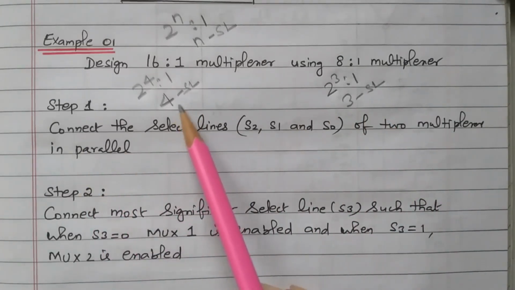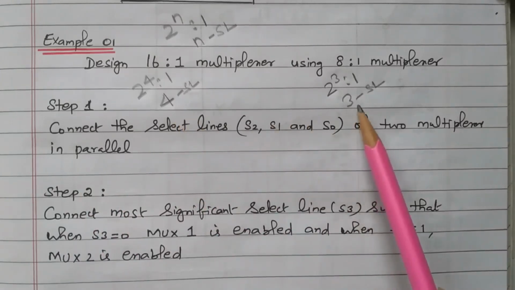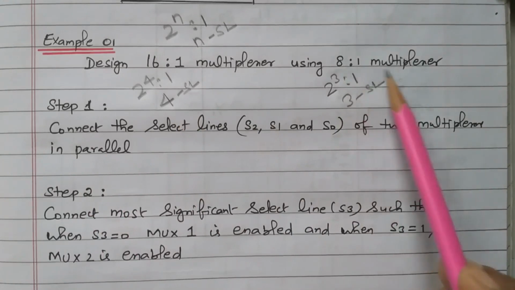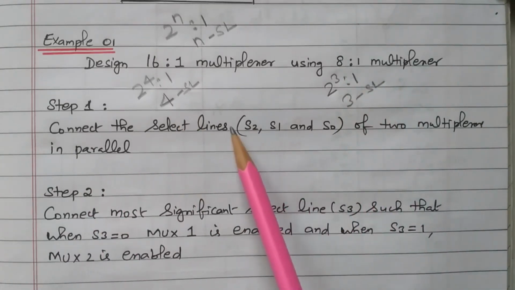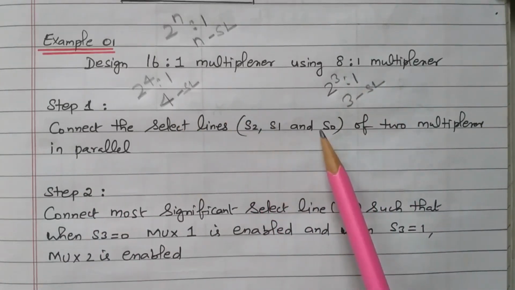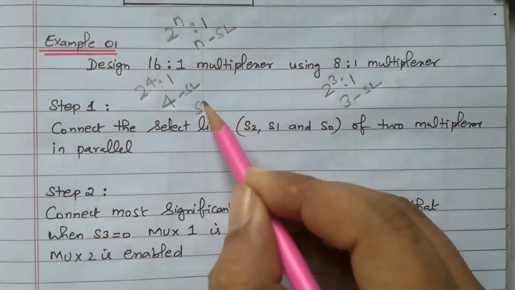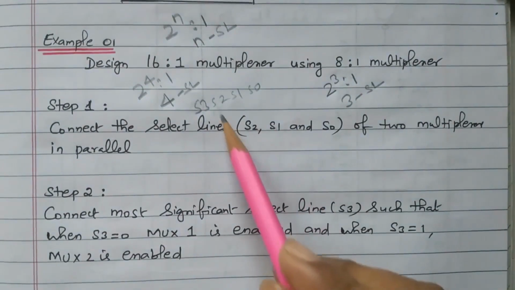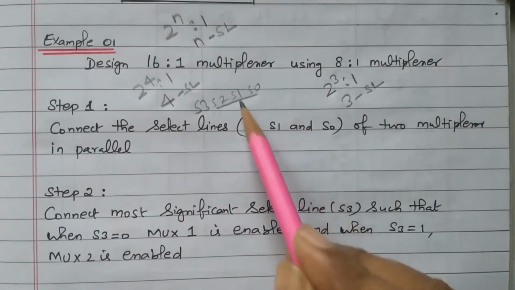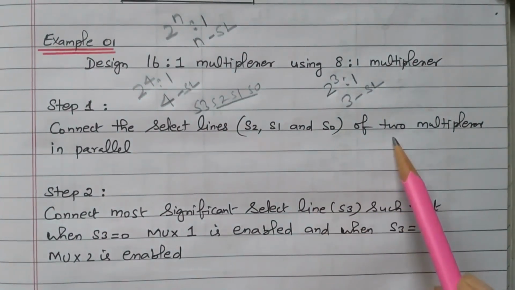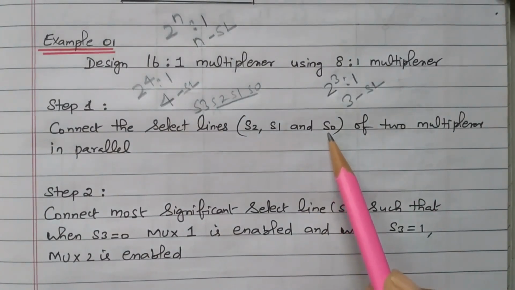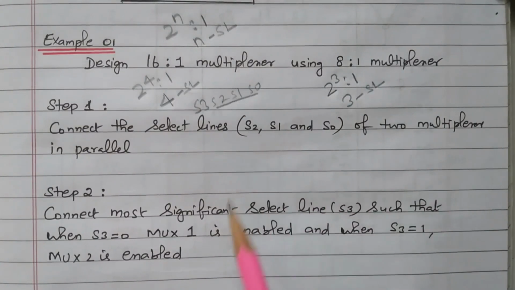So out of 4 selection lines, the 3 selection lines starting from LSB are connected to the 8:1 multiplexer. S3, S2, S1, S0 are the 4 selection lines. Out of this, starting from LSB, 3 lines are connected in parallel with both multiplexers: S0, S1 and S2, right?